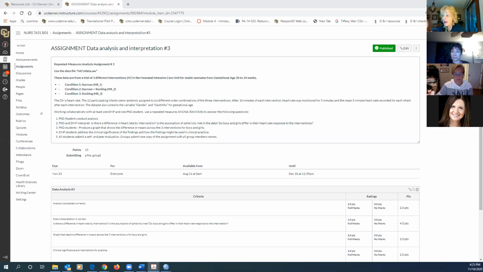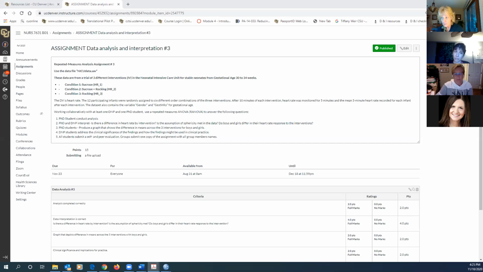So I don't know exactly what you've done wrong, but if you look at what the question, particularly number 2, is asking you, is there a difference in heart rate by intervention? So you're going to plug in the trials, and the dependent variables are your heart rate 1, 2, and 3.